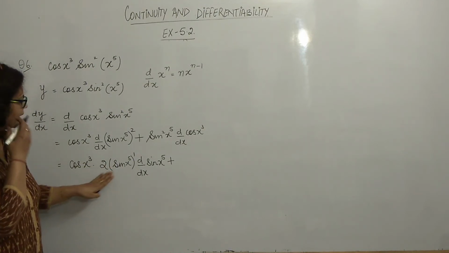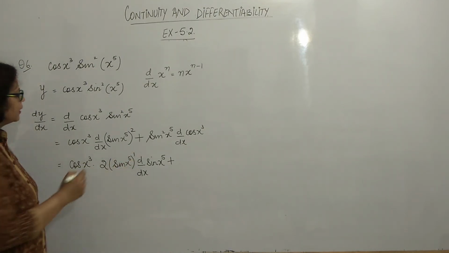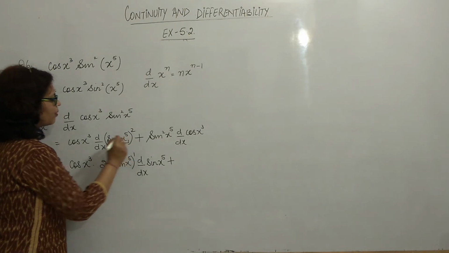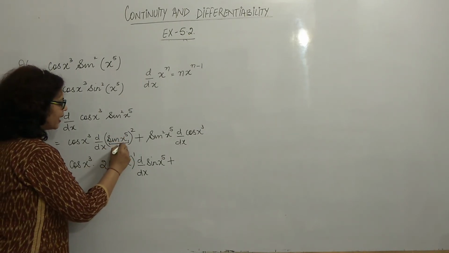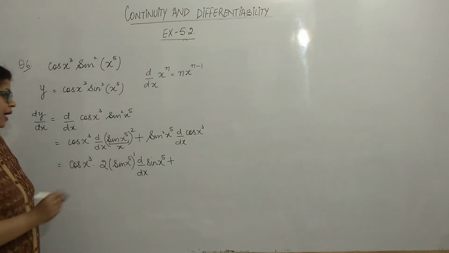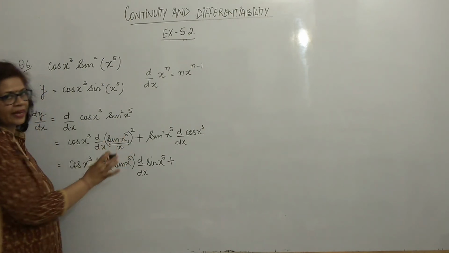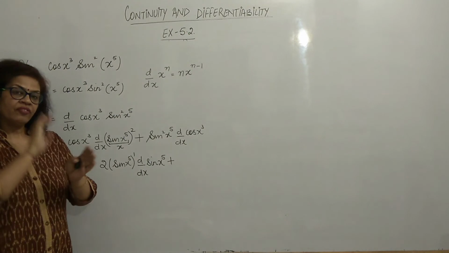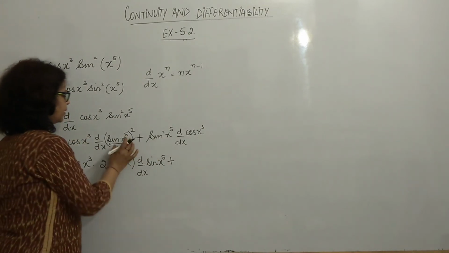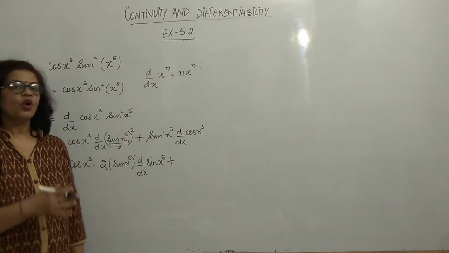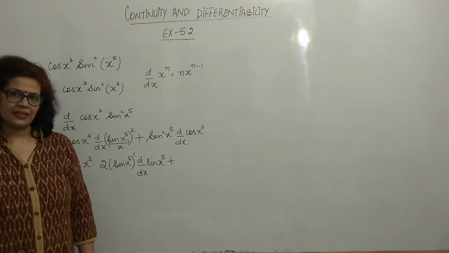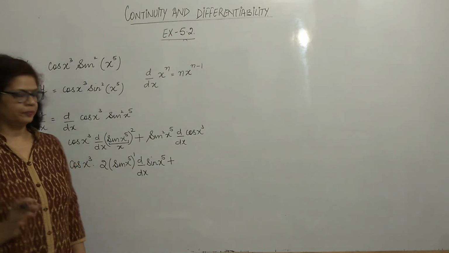This sin x to the power 5 you are treating as x, and you will again differentiate this because it is not x, it is a function of x, whatever it may be: sin x to the power 5, x to the power 5 plus x square, anything, right?